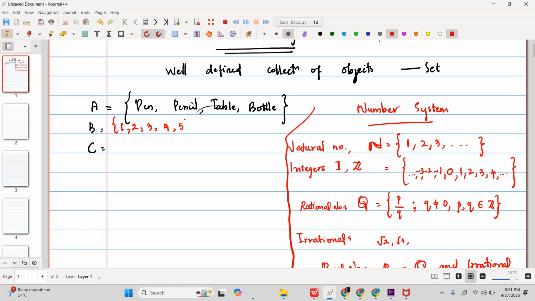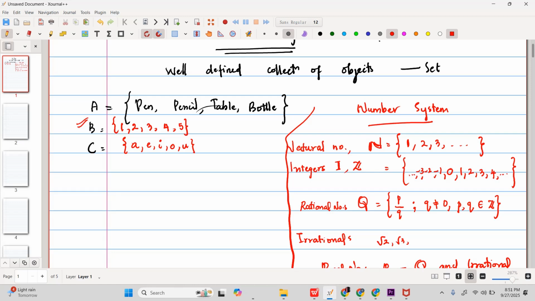So this is another kind of set, and I am just naming it as B. Now if I am selecting some vowels from the English alphabet, then I am taking the set C, which is the collection of all vowels: A, E, I, O, U. The objects must be separated by commas and should be included in curly brackets. That's the set.